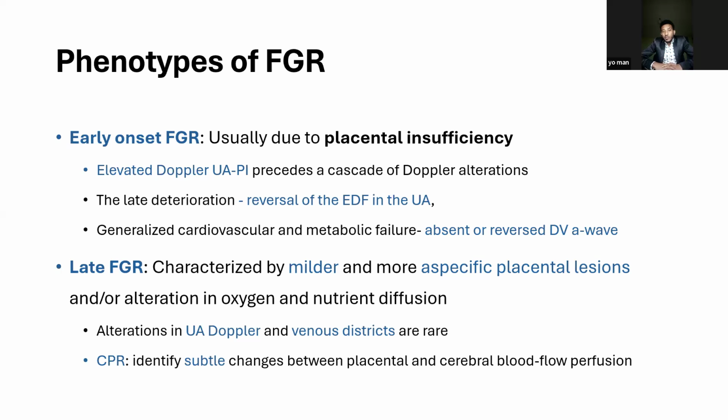So CPR ratio can detect a subtle change in umbilical and cerebral blood flow before the fetus is actually restricted. So CPR is of paramount importance in diagnosing late onset FGR, which is usually above 32 weeks, okay?